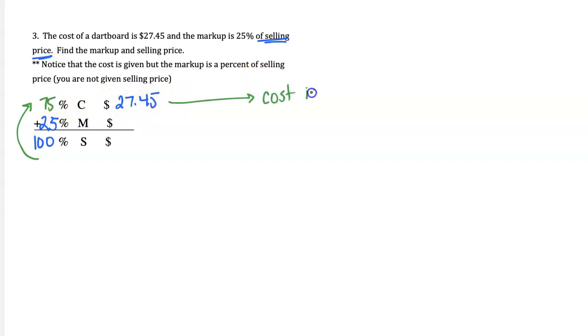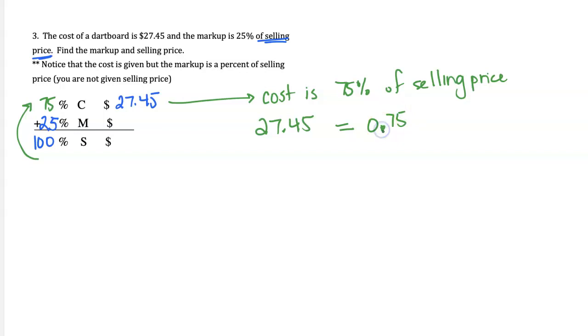Cost is 75% of selling price. And I can go ahead and fill in the cost of $27.45 is equal to, I'm going to change the 75% into 0.75, and then times selling price.